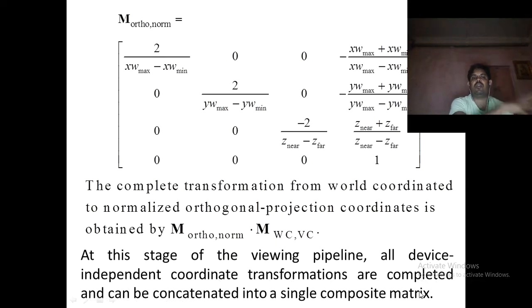The matrices for view, world, and projection coordinates can all be multiplied to form one composite matrix, which directly converts world coordinates to normalized coordinates.